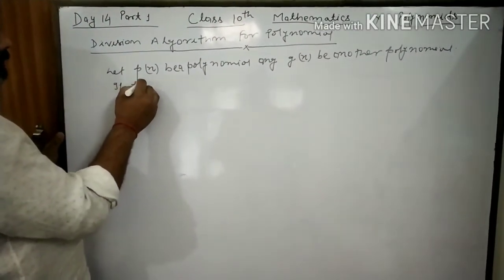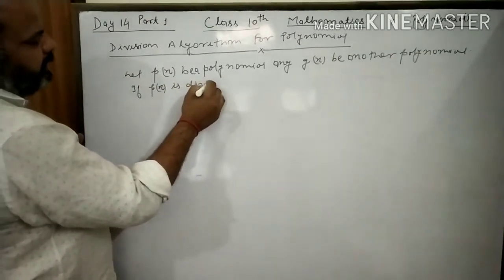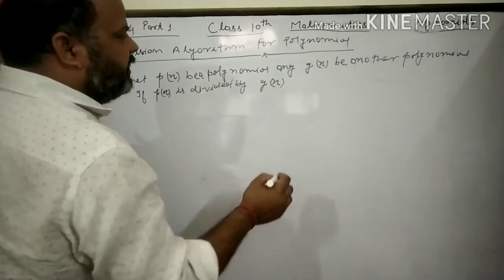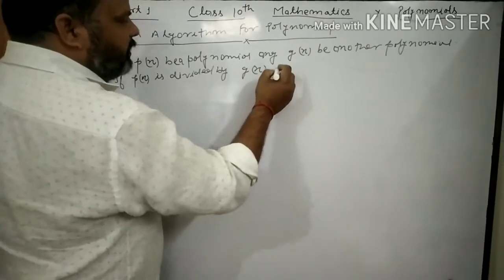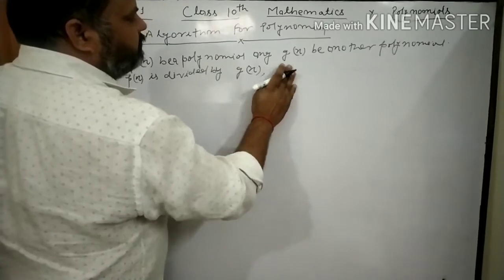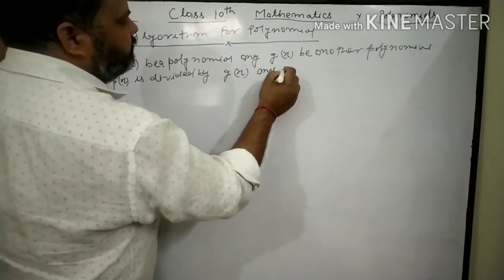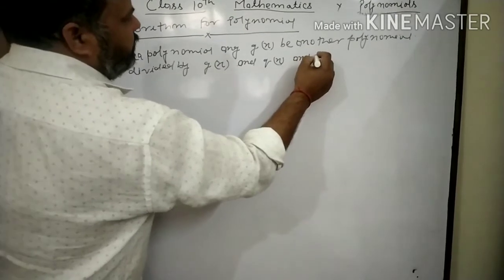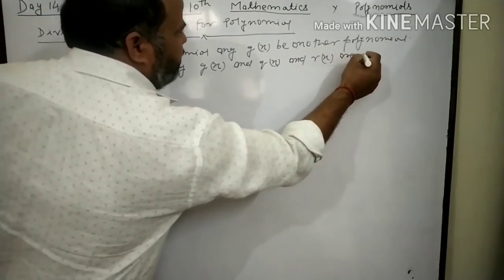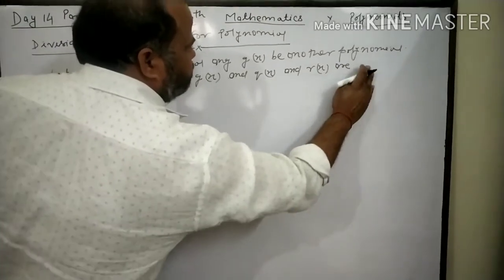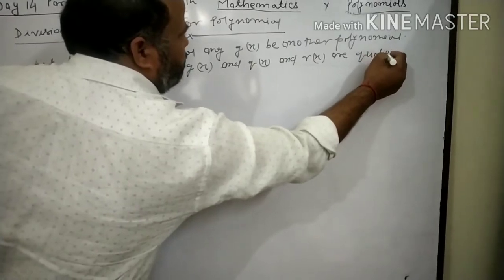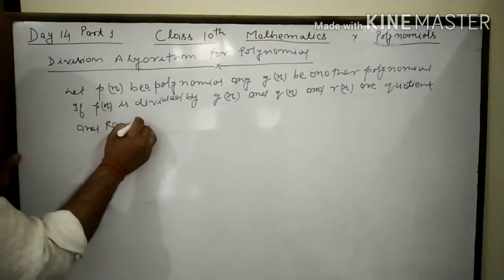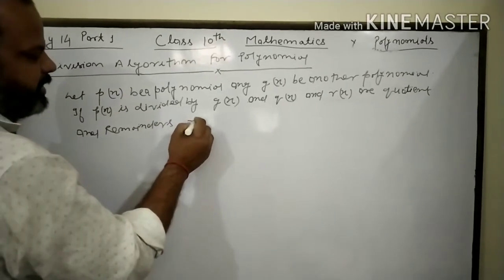If Px is divided by Gx, then Qx and Rx are the quotient and remainder respectively.